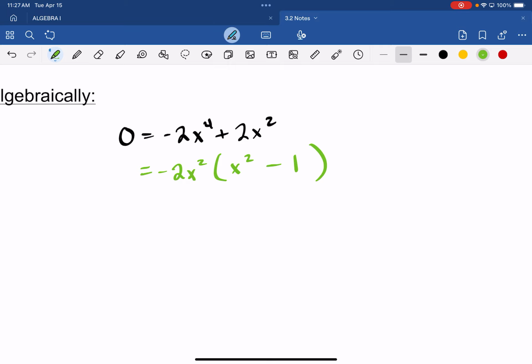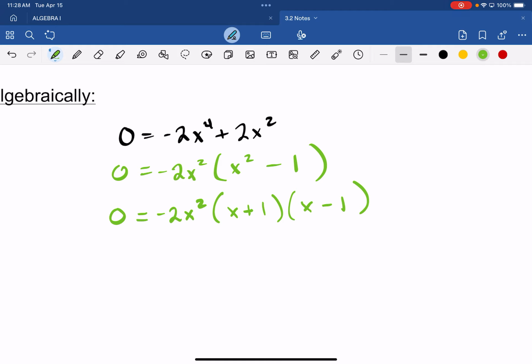How does this factor into two separate parentheses? Awesome. x plus 1, x minus 1. Bring my negative 2x squared down, and my 0 down. So all I've done so far is factor. Any questions on how I factored these?